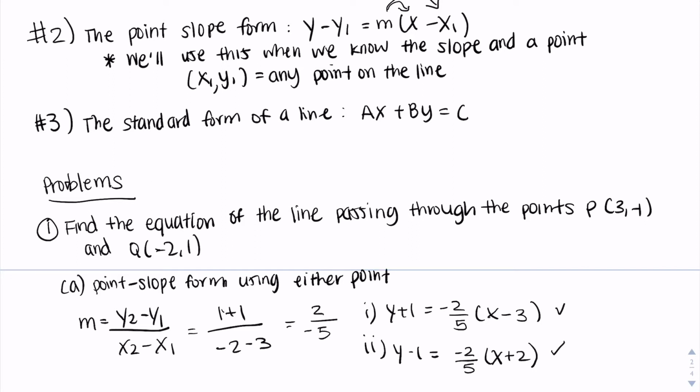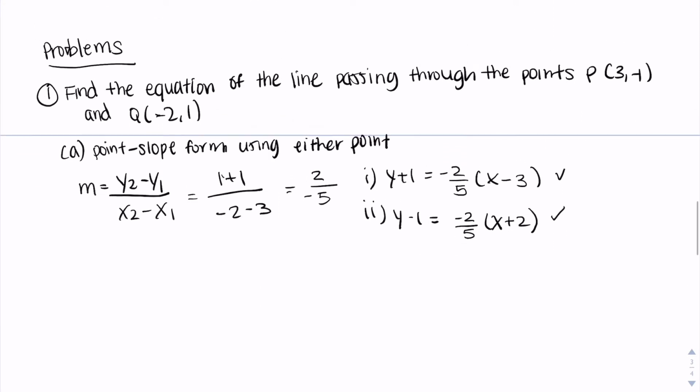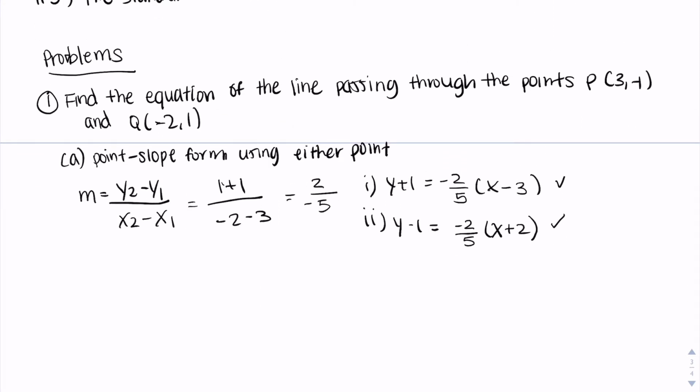Okay, so next problem. The slope-intercept form. This is the formula for slope-intercept form, y equals mx plus b. So let's use the points.